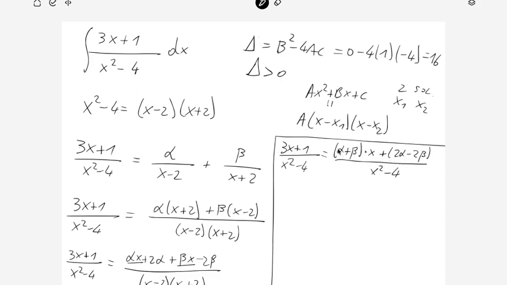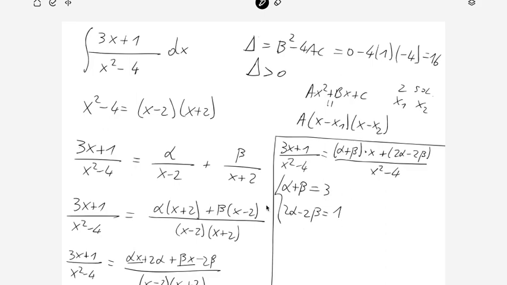So this means that this coefficient needs to be 3, and this constant needs to be 1. So alpha plus beta needs to be 3, and 2 alpha minus 2 beta needs to be 1.